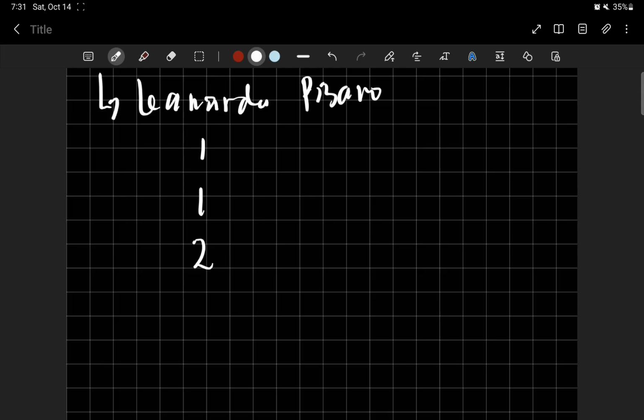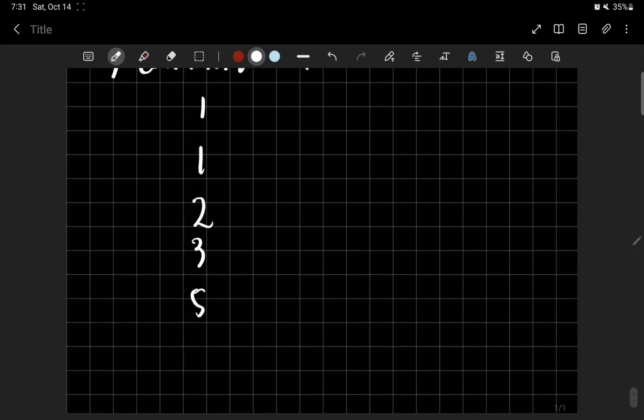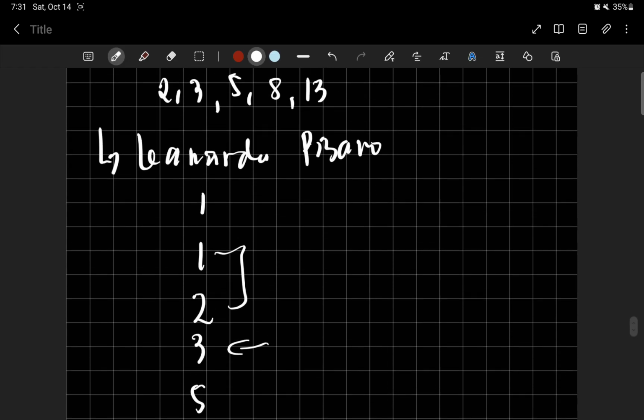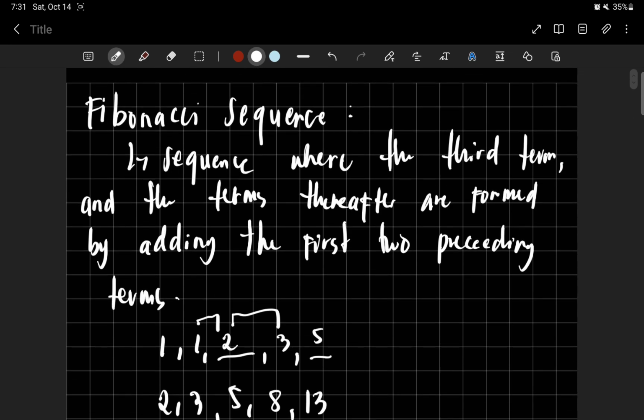Then nag-continue yung cycle na yon, and nakabuo ng ganitong sequence. So napansin niya na nakukuha yung mga susunod na terms by just adding the first two preceding terms. Okay, so that is just the basic concept on Fibonacci kung bakit tayo nagkaroon ng Fibonacci sequence.